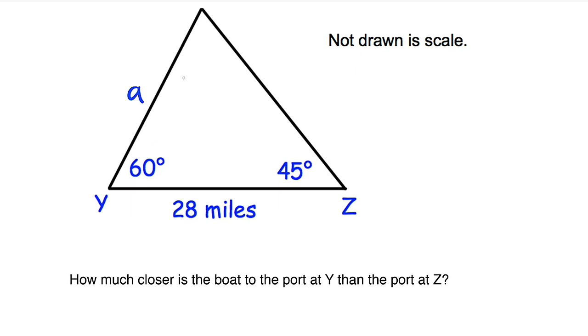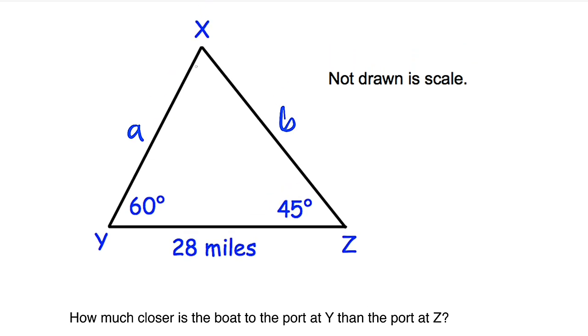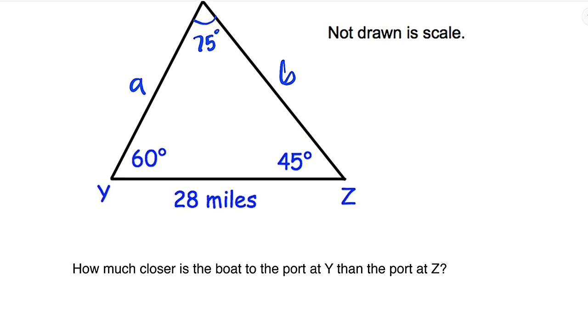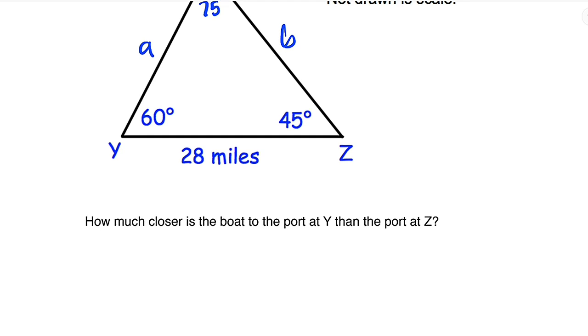Let me call this A and call this B. Let me start with A. Remember, we can find this angle because the two angles are available. Let's subtract them from 180 degrees. So this will be 75 degrees. So let's start by finding the value of A. We have A divided by sine of 45 degrees equal to 28 divided by sine of 75 degrees.